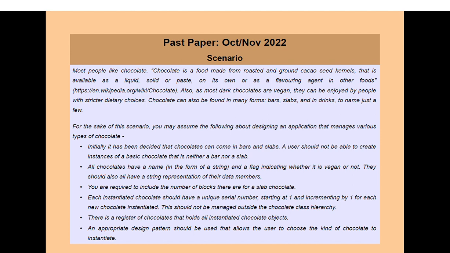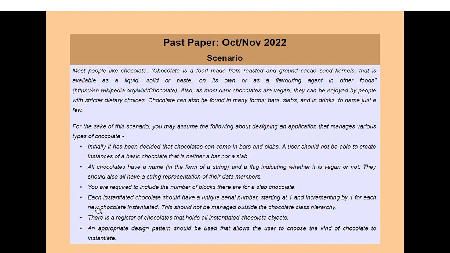Now remember that your chocolate base class needs to be abstract, and the way it would be made abstract is for this toString method to be pure virtual. So that would take care of the abstract aspect. Then you are required to include the number of blocks there are for slab chocolate. So note now one of the derived classes, slab, has an additional data member or property.